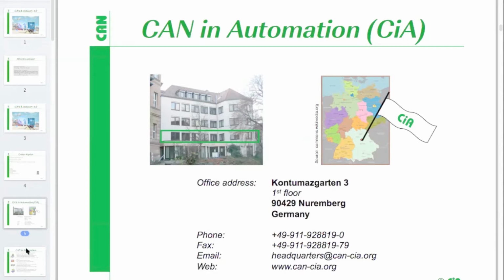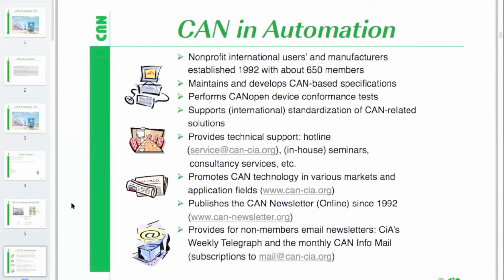CANopen Automation was founded to provide product and technological information support for CAN-based technologies, since with the development of CAN there was a necessity to bring into the public how CAN works.